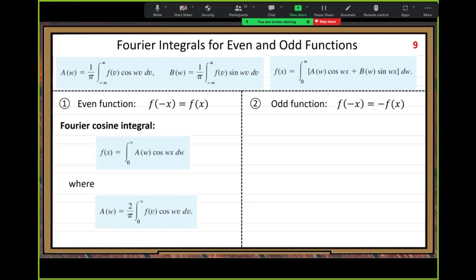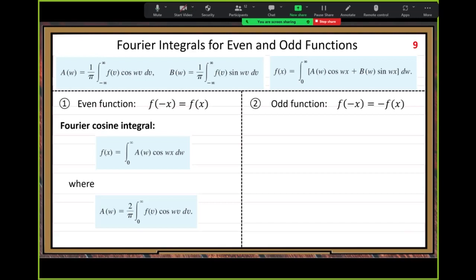So the whole function is even, and by the symmetry, the area is double the first half of the area. So that's another small simplification.